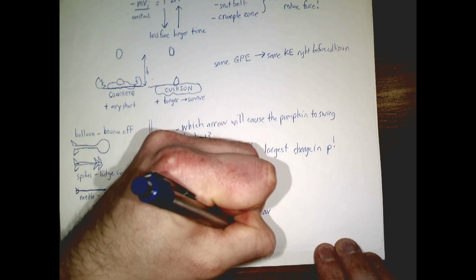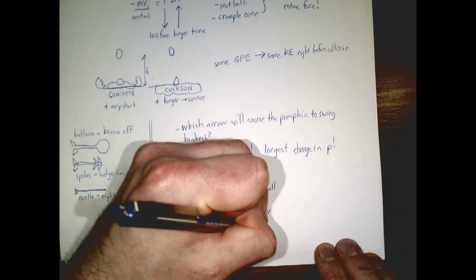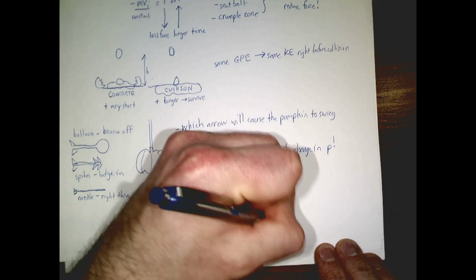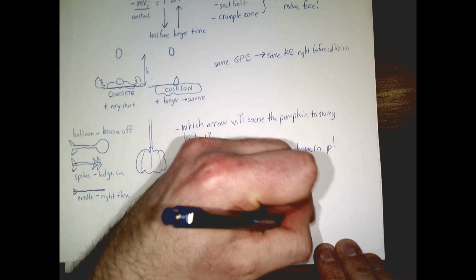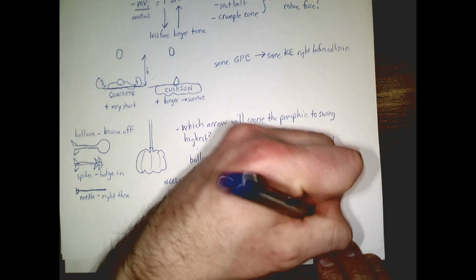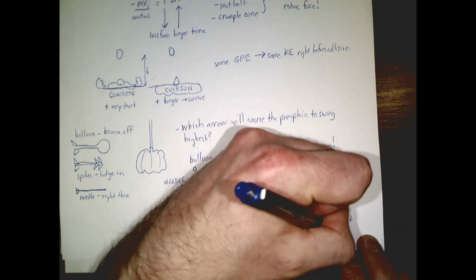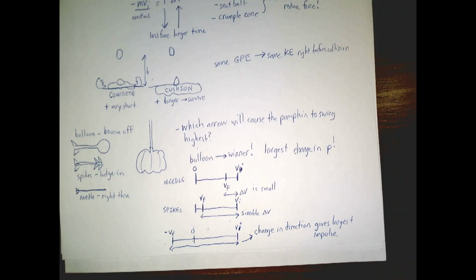So in general, the moral of the story here is, change in direction gives largest impulse. If you're comparing a set of collisions and one of them involves a change in direction, you should characterize that one as having the largest impulse, the largest change in momentum.